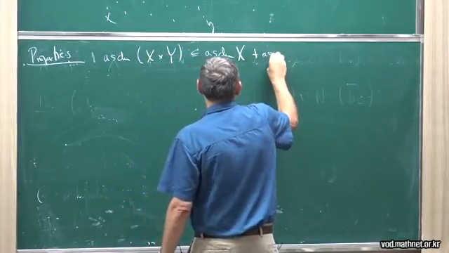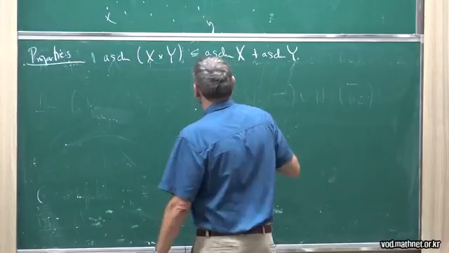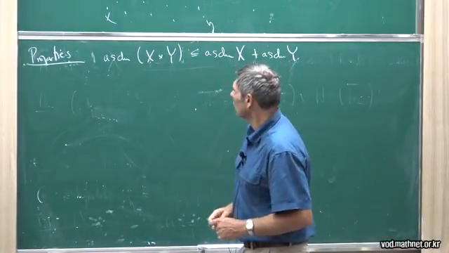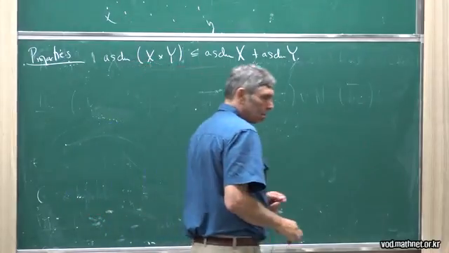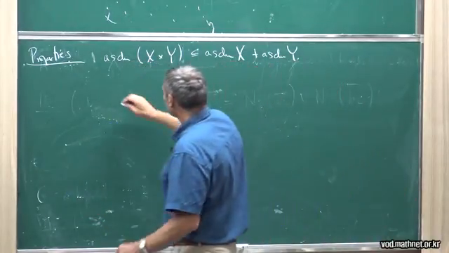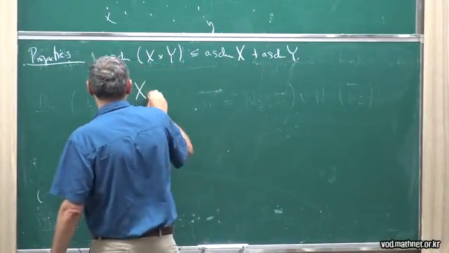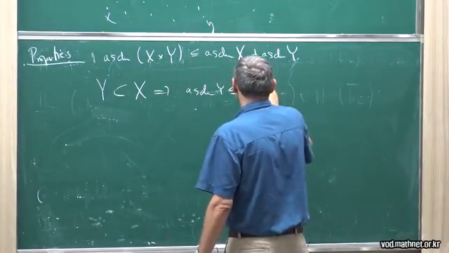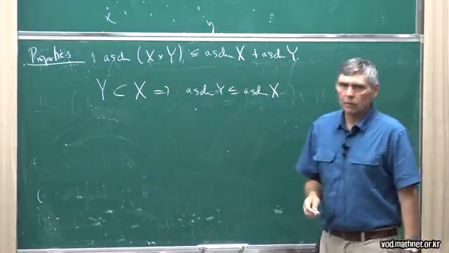This is the same theorem that holds for topological dimension. So you can replace this by dimension, and it'll still be true. If Y is a subset of X, then the asymptotic dimension of Y is less than or equal to the asymptotic dimension of X. That's supposed to be obvious.